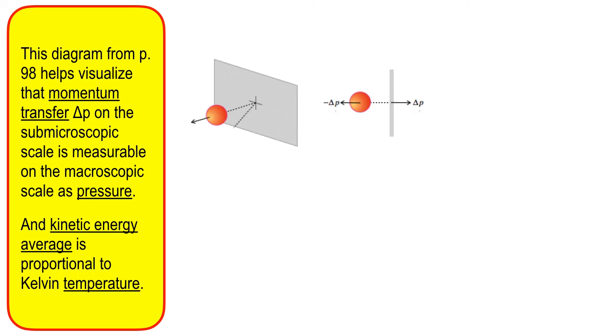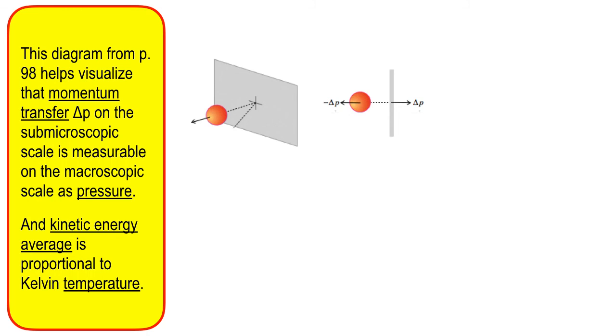And as it bounces off the side, the wall and the molecule exchange momentum, delta P. And it turns out that the exchange of momentum can be summarized as pressure, a macroscopic pressure.